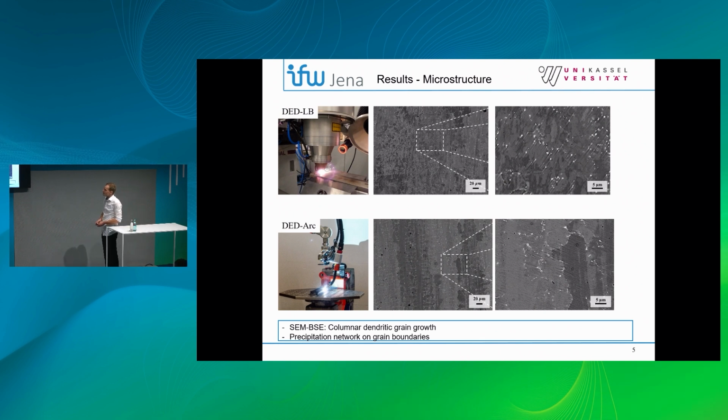Complementary, the microstructure has been assessed using the BSE contrast, and in line with the EBSD findings, we see large elongated columnar grains, as well as a second phase that precipitates mainly on the grain boundaries.